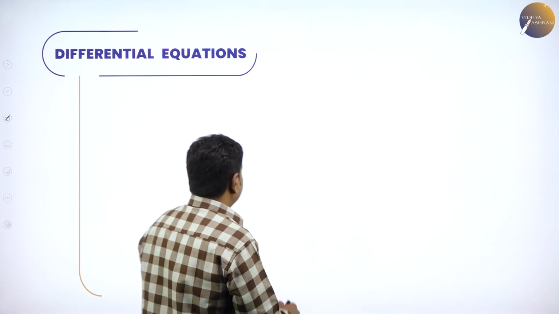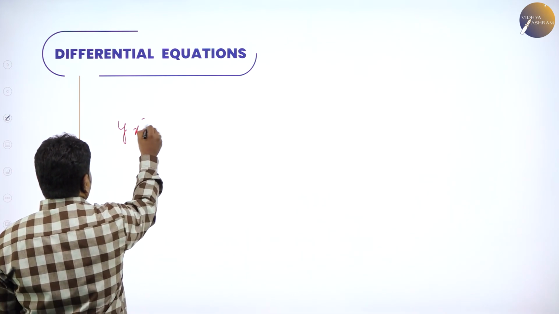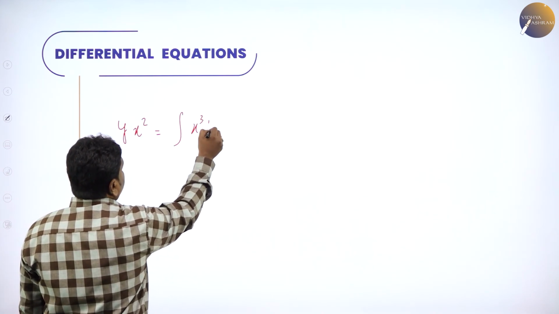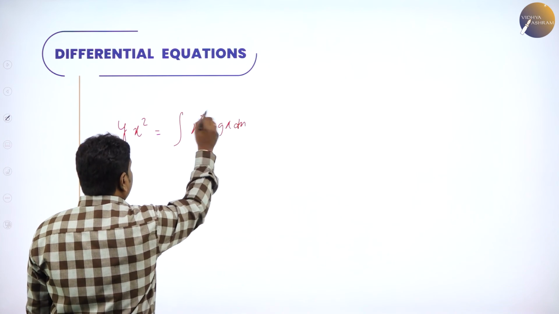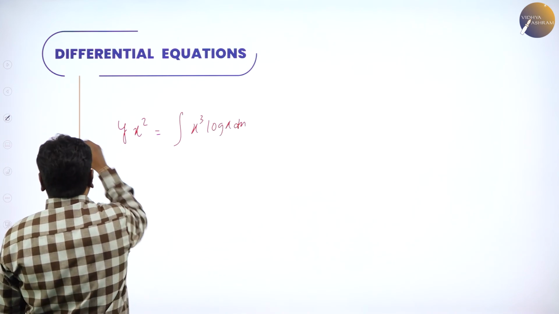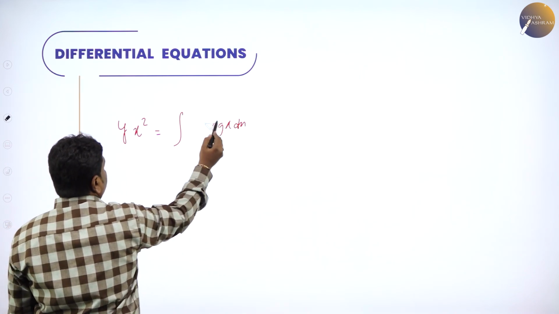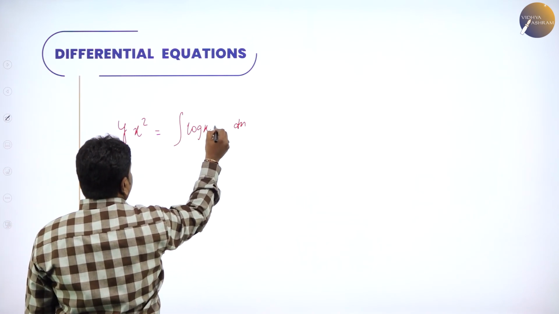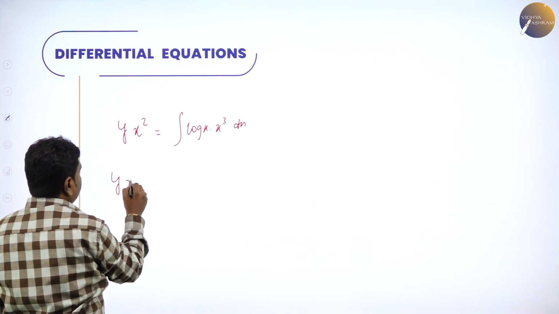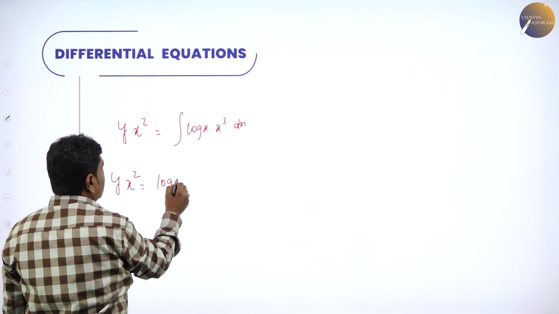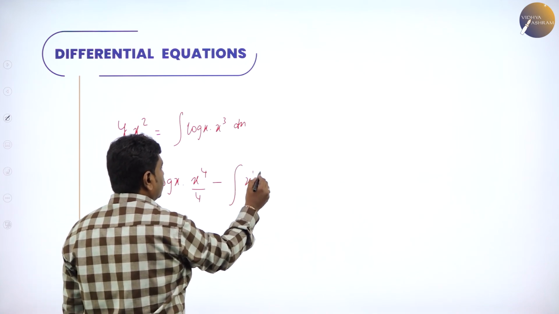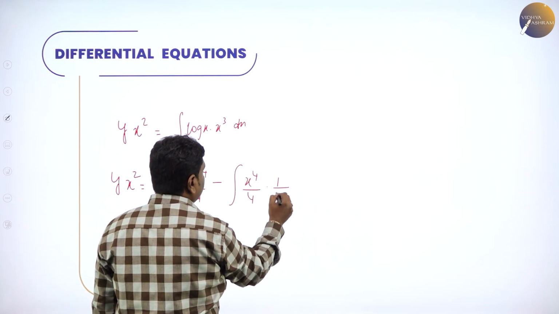So it will become y into x square is equal to integration of log x into x cube dx, because we have to interchange. According to ILATE, first you write logarithm, then the remaining. So it will become first function, log x, into integration of x cube, which is x power 4 by 4, minus integration of x power 4 by 4 into derivative of log x, which is 1 by x, dx.